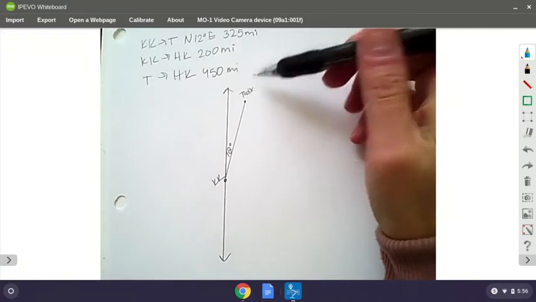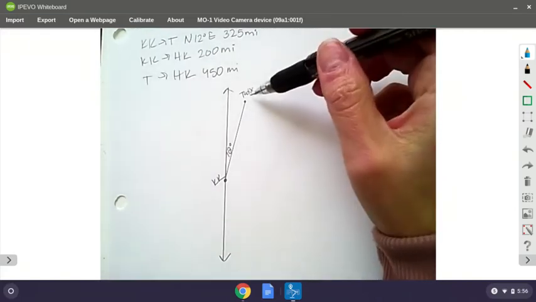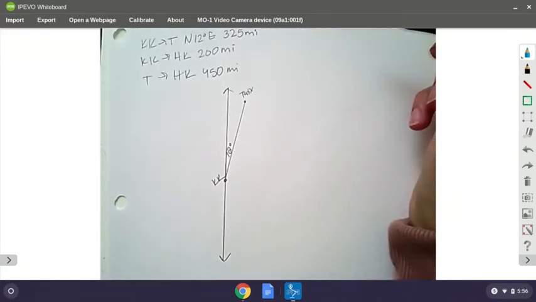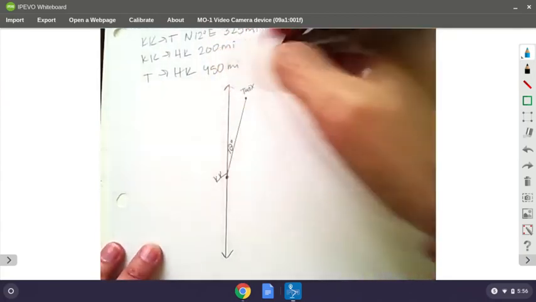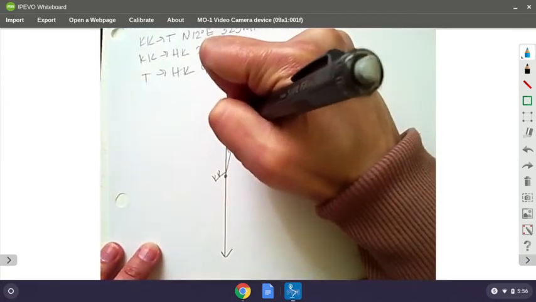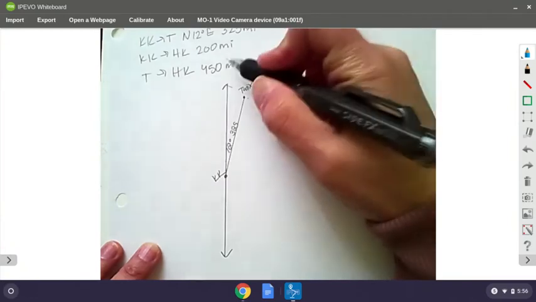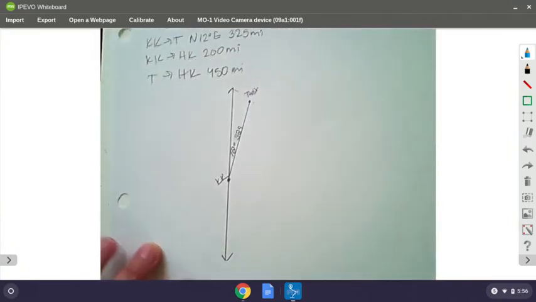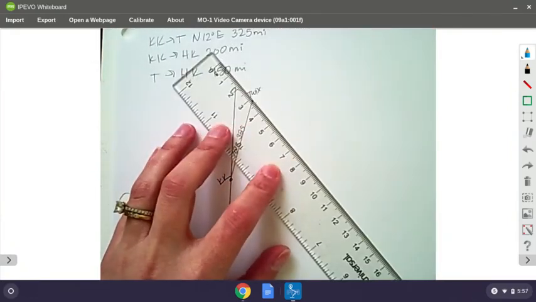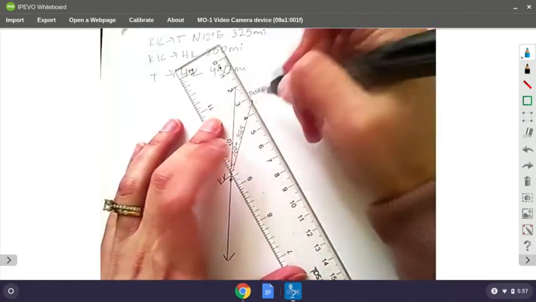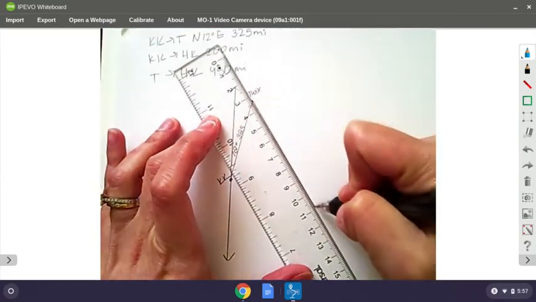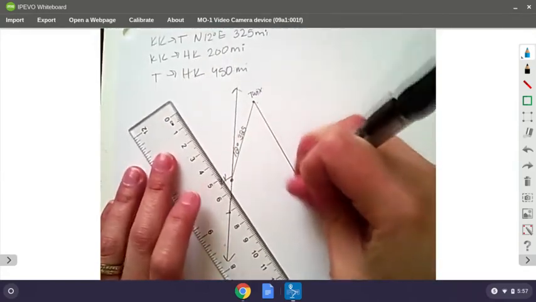They didn't give us the bearing from Twix to Hershey Kiss, so we're just going to have to estimate. Notice that this one is 325. Twix to Hershey Kiss is 450. That's the longest side, so I'm going to make this the longest side. Now, we don't know what this angle is going to be, so I'm just going to make a random one.